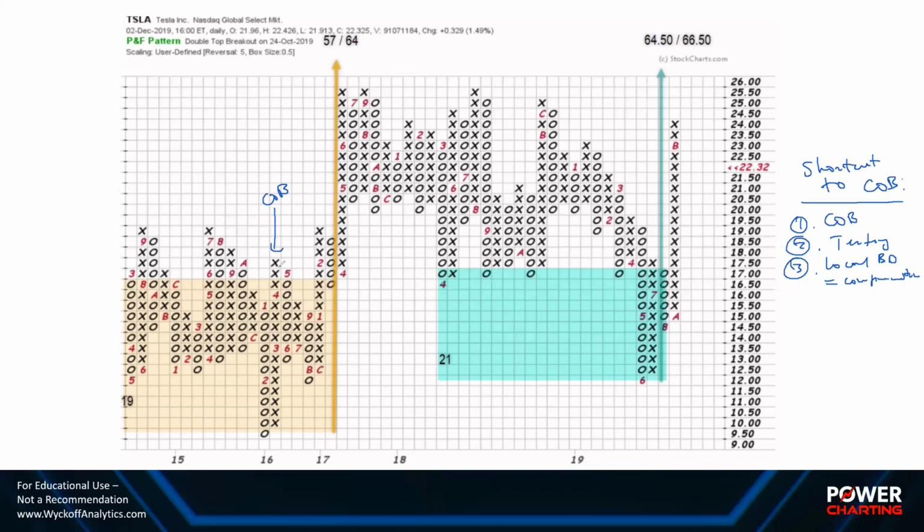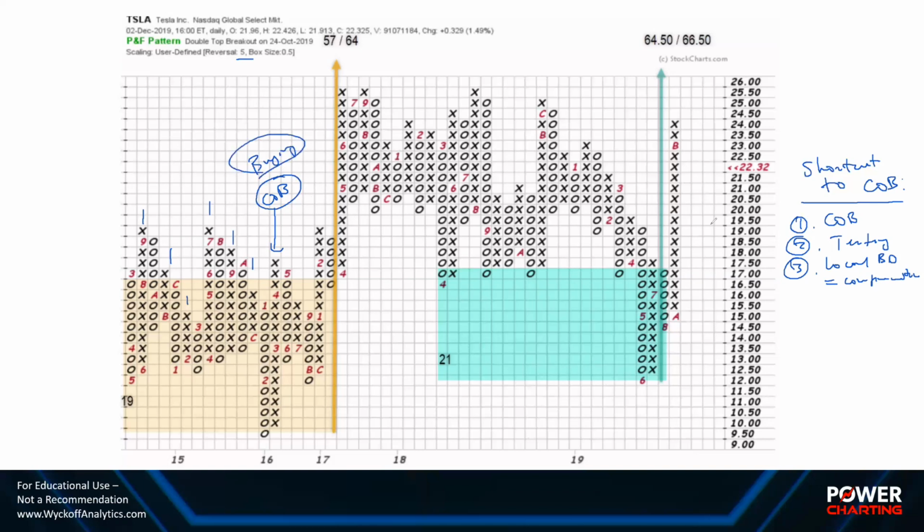There might be some smaller moves, because this is the reversal 5, smaller reactions, but there were no reactions that were more than 5 boxes of $0.50 each. And this column is larger than this column, or this column, or this column. So all of the prior up columns definitely were smaller. So something else is going on here. And what is going on? Well, more aggressive buying.